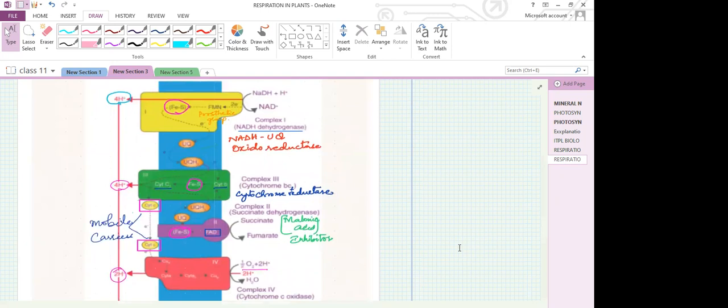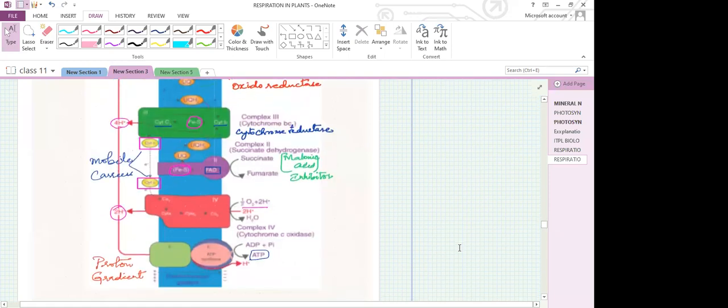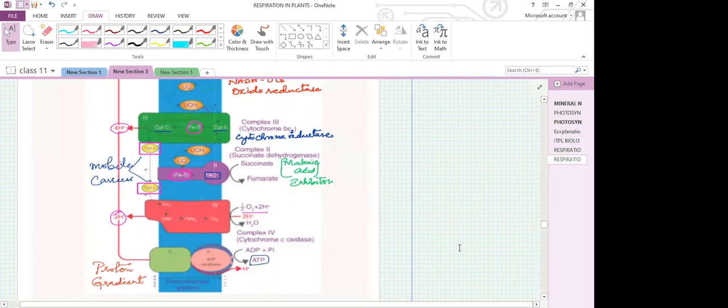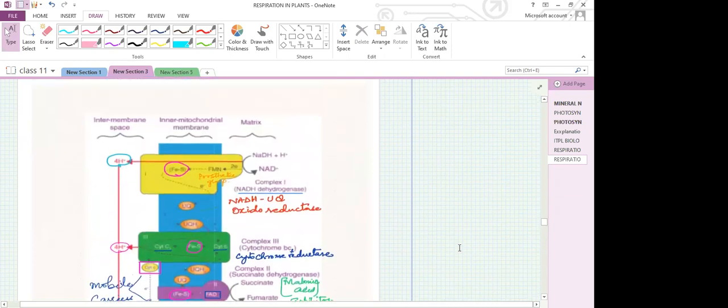Complex number 3, cytochrome bc1, that is reductase. And complex number 4, cytochrome c oxidase. Is that given in your textbook? Yes, ma'am. There are 4 complexes in the inner mitochondrial membrane. Is it there? Yes, ma'am.